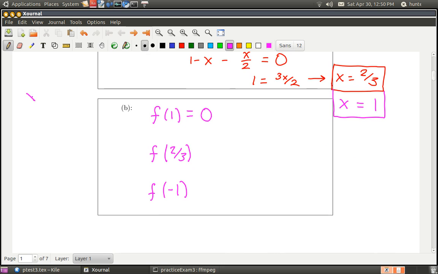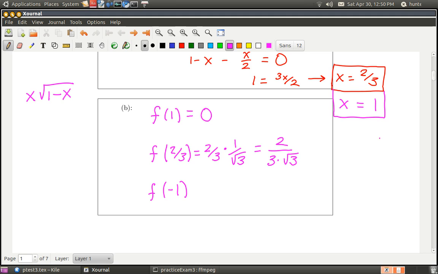The function is x times the square root of 1 minus x. So what happens when we plug in 2/3? We get 2/3 times the square root of 1 minus 2/3. So in other words, it's 2/3 times 1 over the square root of 3. You can write it in a little nicer form as 2 over 3 times the square root of 3.